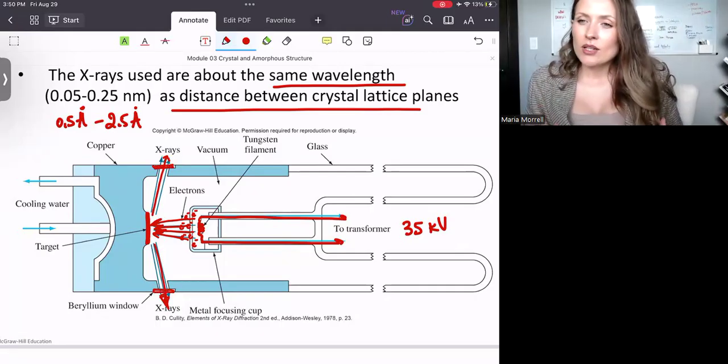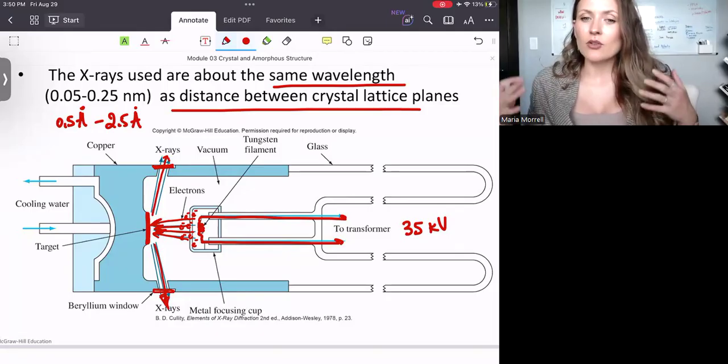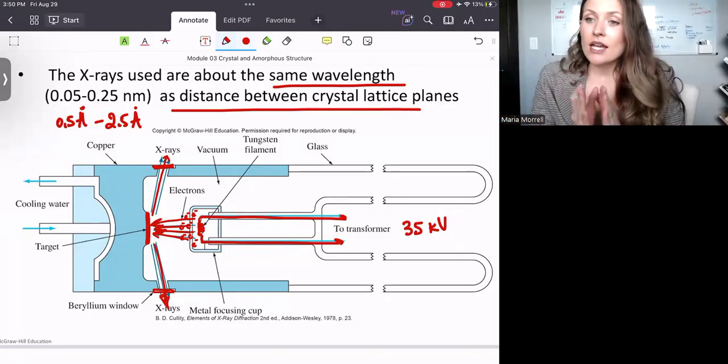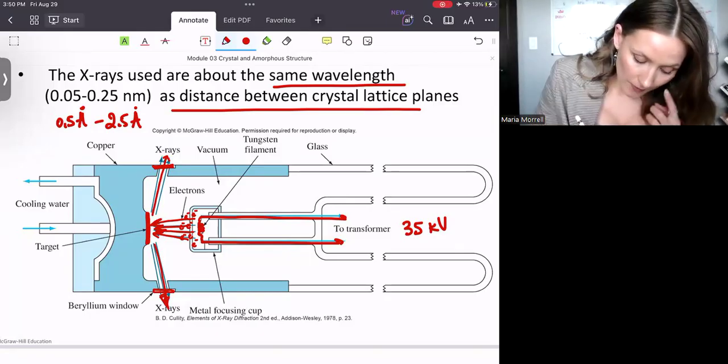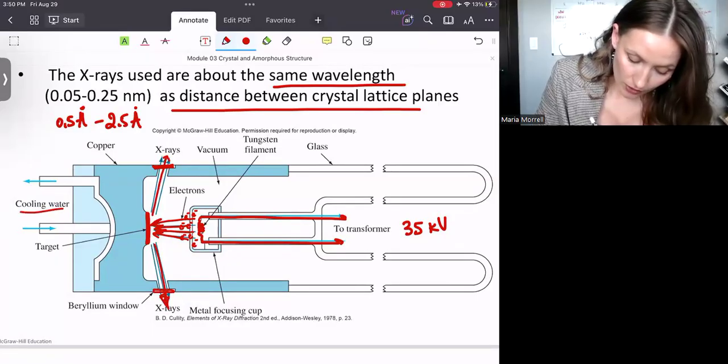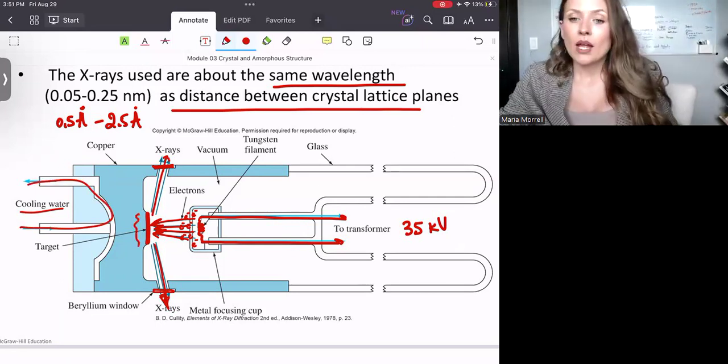Keep in mind that we are talking about a very significant amount of energy, and this is why the target is usually heated as well, and we usually run cooling water through the target so we can cool it down, right?